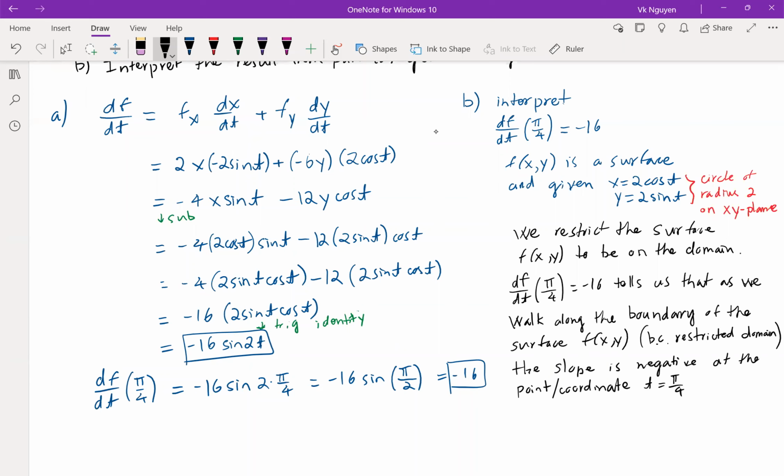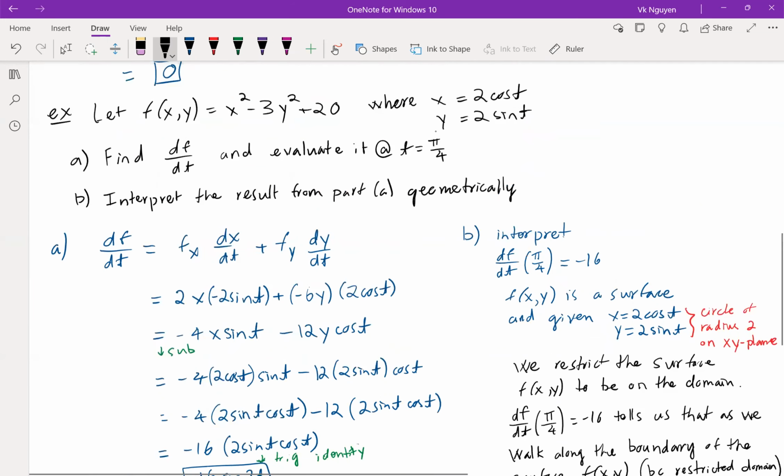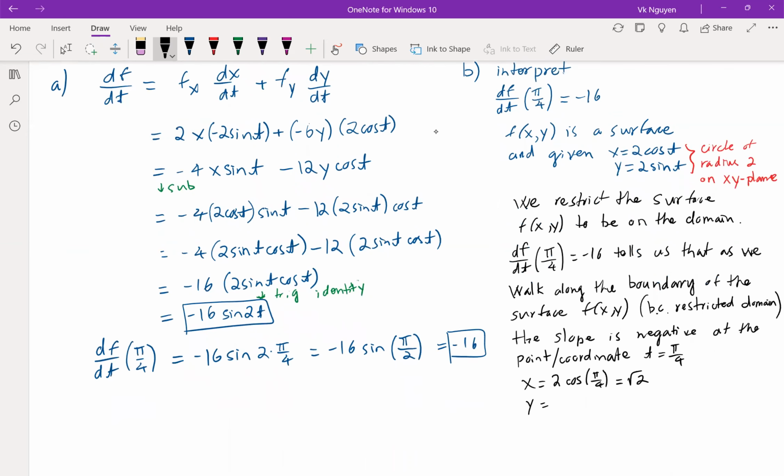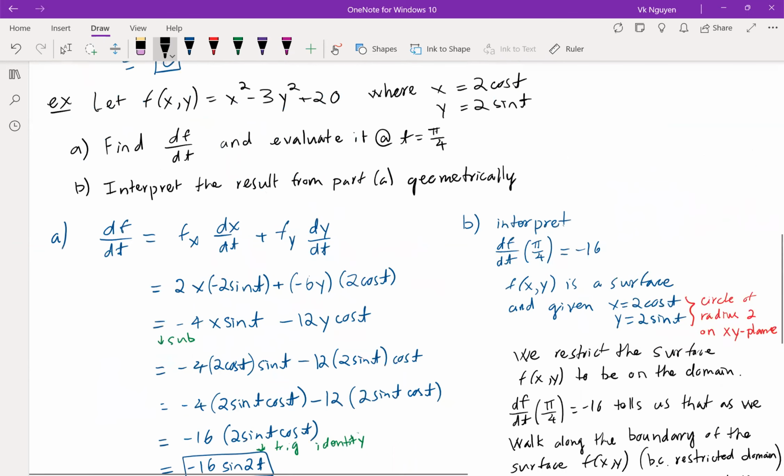And you can actually get this coordinate here. How do you get it? When t equals pi over 4, you get x equal to 2 cosine pi over 4, and that gives us root 2. y is 2 sine pi over 4. That gives us another root 2.